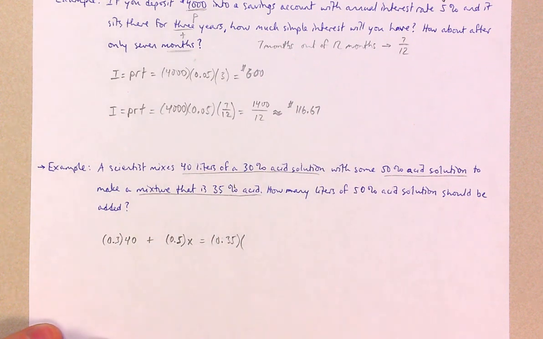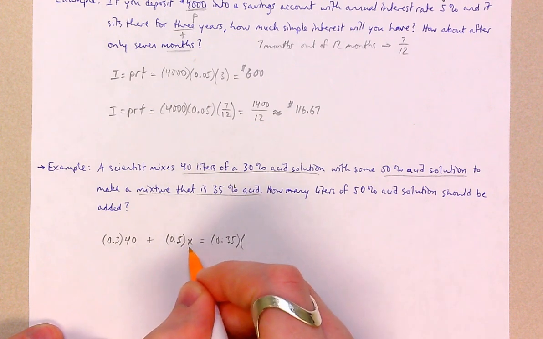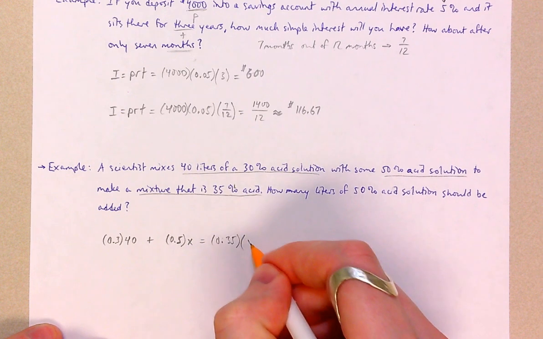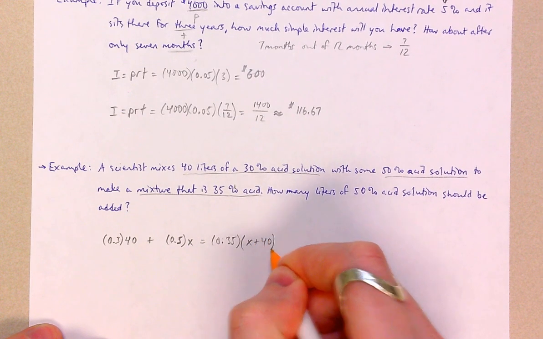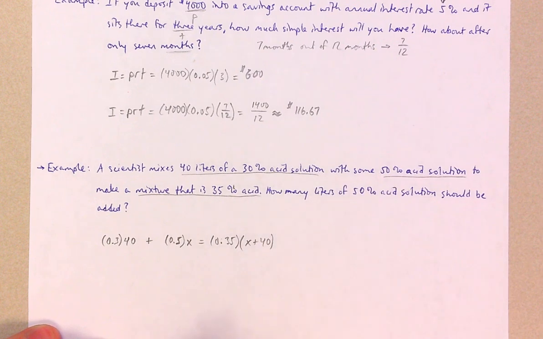But now what's the total number of liters that I have here? Well, it's the 40 plus whatever this quantity was. So it's going to be the sum of this unknown quantity and 40. So 0.35 times the quantity, x plus 40.